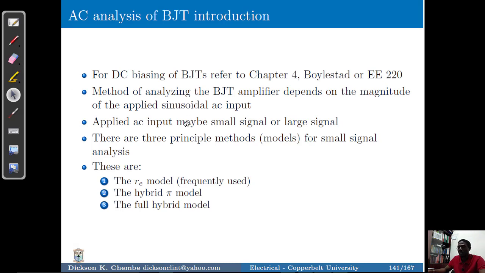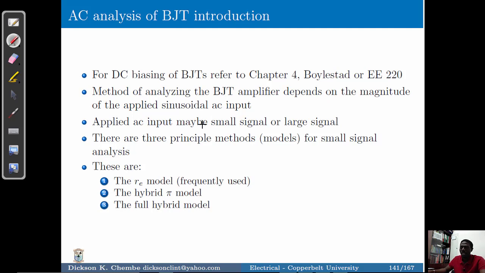So basically what we do in AC analysis is, you must have some basics in the transistor construction, which must have been covered in our case at CBU as EE220, or you must have looked at DC biasing of bipolar junction transistors in other books.